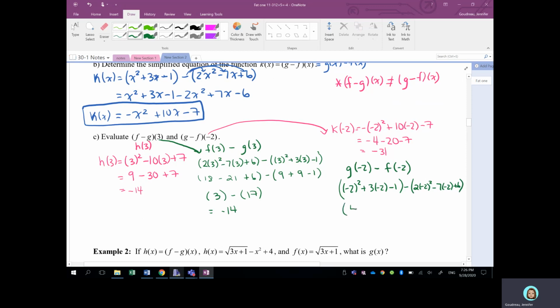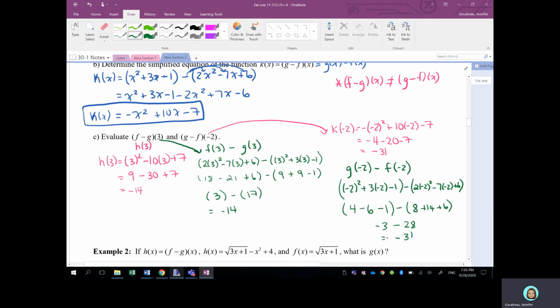Negative 2 squared is 4, minus 6, minus 1. And this would be negative 2 squared is 4, times 2 is 8, plus 14, plus 6. 4 minus 6 is negative 2, minus 1 is negative 3, minus 8 plus 14 plus 6 is 28, and negative 3 minus 28 is equal to negative 31.